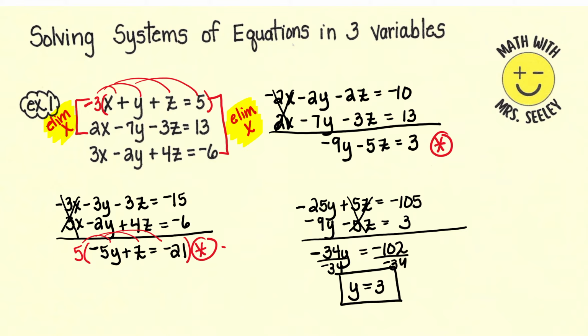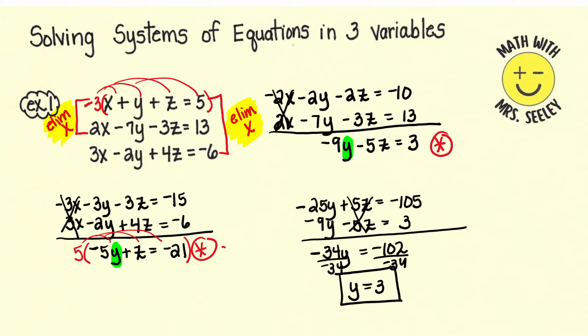That's your first answer. Now what you're going to do once you get the first answer is take that answer, go to one of the 2 star equations, and plug it in for wherever you see the y. I think that I'm going to go to this bottom one right here.